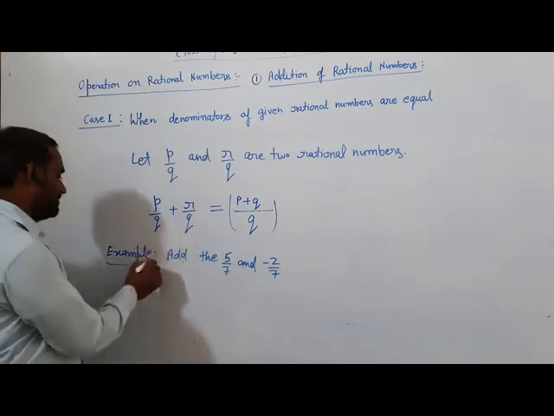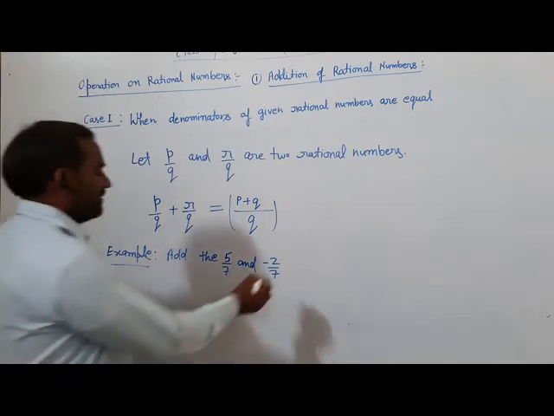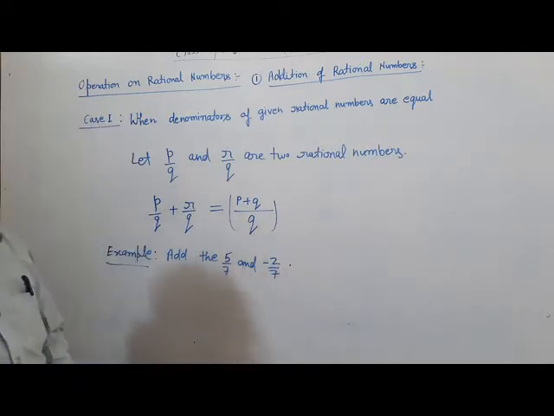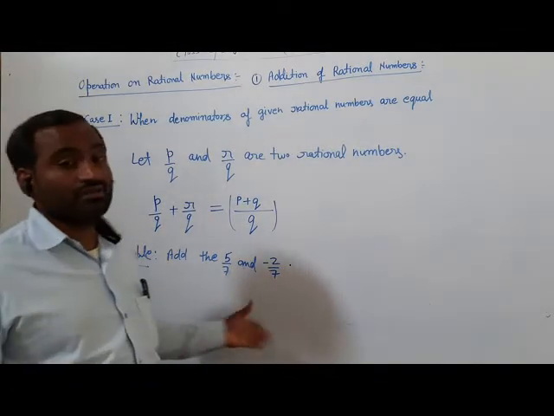Here we see that in 5 by 7 and minus 2 by 7 the denominator is common.